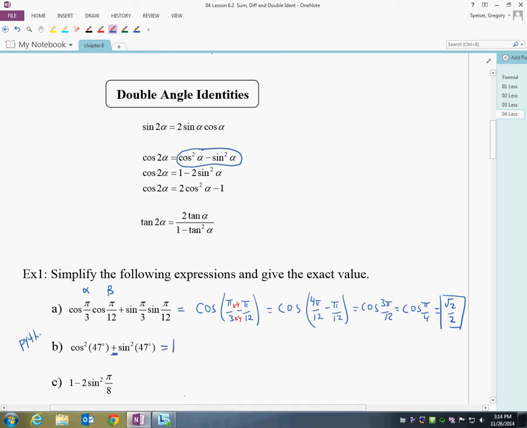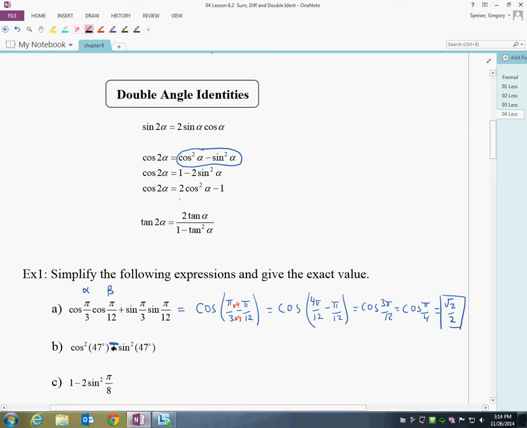We're done, okay? But let's say we were to change this question, just for fun. I'm going to erase my answer here, and let's say that it was not a Pythagorean, and that it was indeed a subtraction. So I'm going to ixnay on the plus. Let's say it's cos squared minus sine squared.